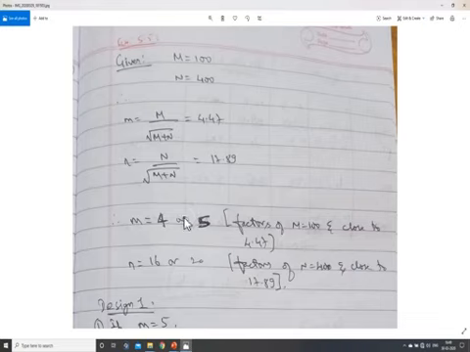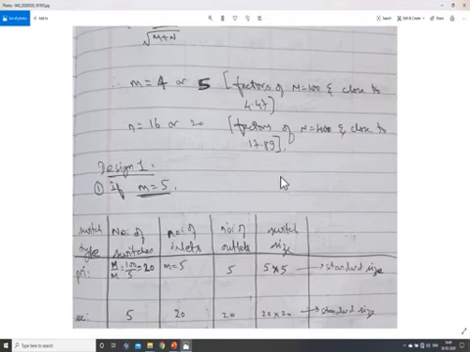Similarly, lowercase n should be close to 17.89, and it should be a factor of capital N. For m, we have two factors, 4 and 5, which are factors of 100 and close to 4.47. Similarly for lowercase n, 16 and 20 are factors of 400 and close to 17.89.